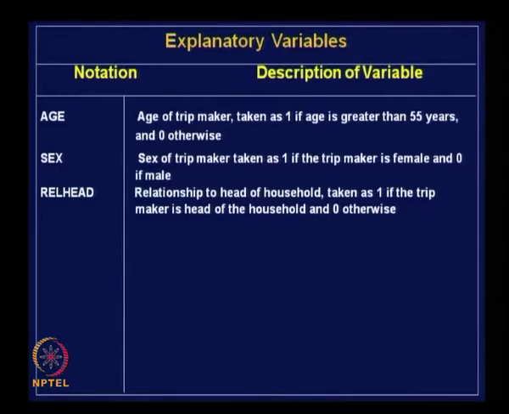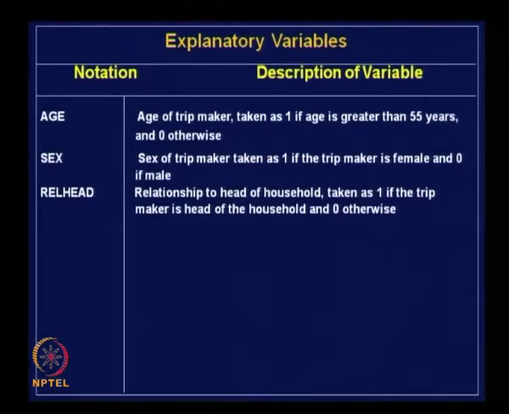This is relationship to head of the household, abbreviated as REL head, relationship of that particular traveler, okay, to the head of the household. Normally households will have one head. If some households have more than one head, that is a different story.